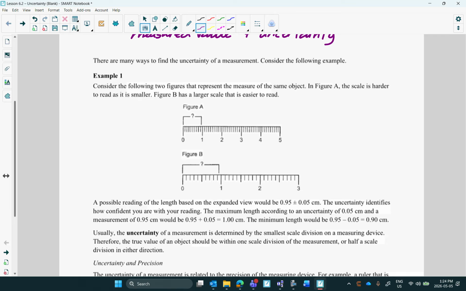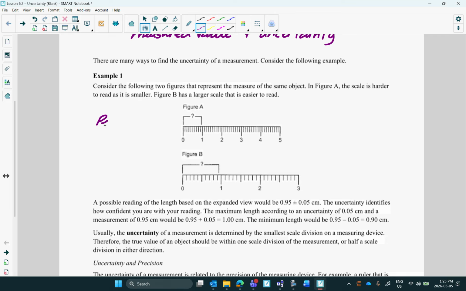These rulers are precise to what? Remember, you look at the smallest notch. Are they precise to the nearest centimeter, or are they even more precise than that? More precise, because there's notches in between, right? How many notches from 0 to 1? 10.